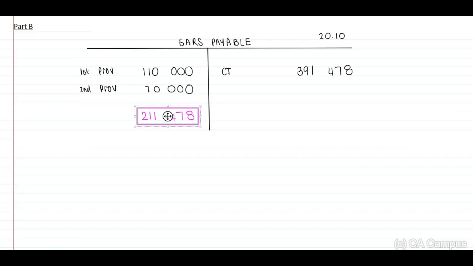On a new page, I will indicate that this is my part B, and I will make use of a T account. Why T account? As I prefer to do this with calculations. Now, our provisional payments, you will remember, your journal entry will be to debit your SARS payable and to credit your bank. Therefore, on the debit side, I've included my 110,000 and my 70,000.